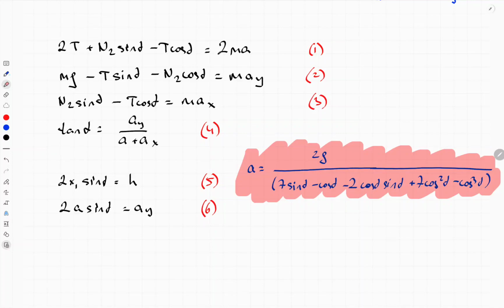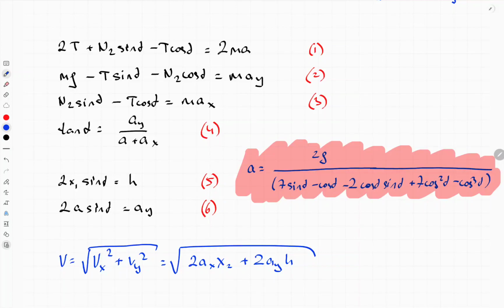And we can find the velocity. Actually, velocity is the square root of the x component velocity squared plus the y component velocity squared, and here this is 2ax x2 plus 2ay h, and by using all these equations, everything is given.